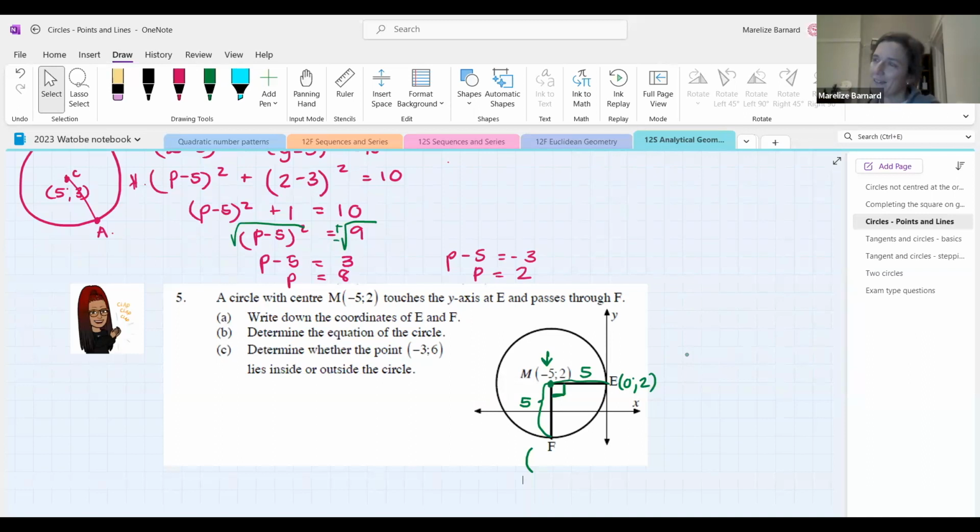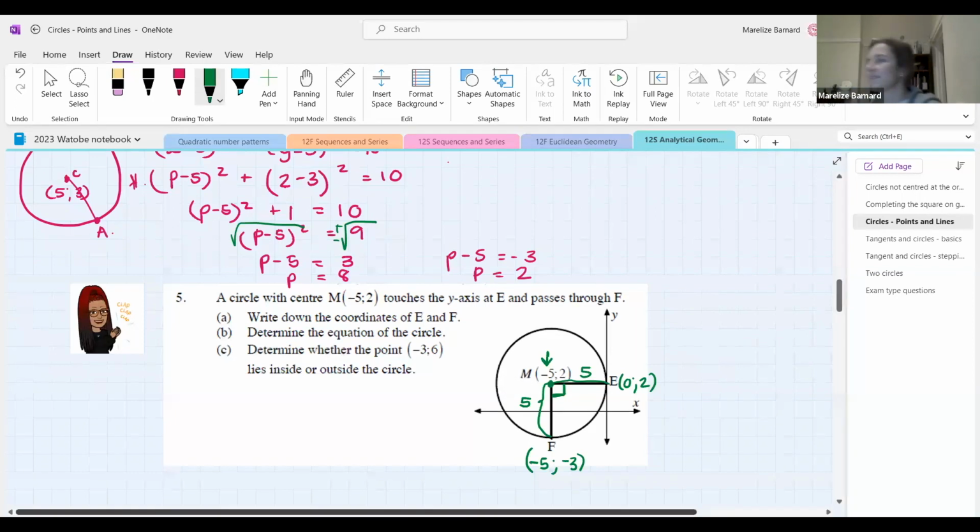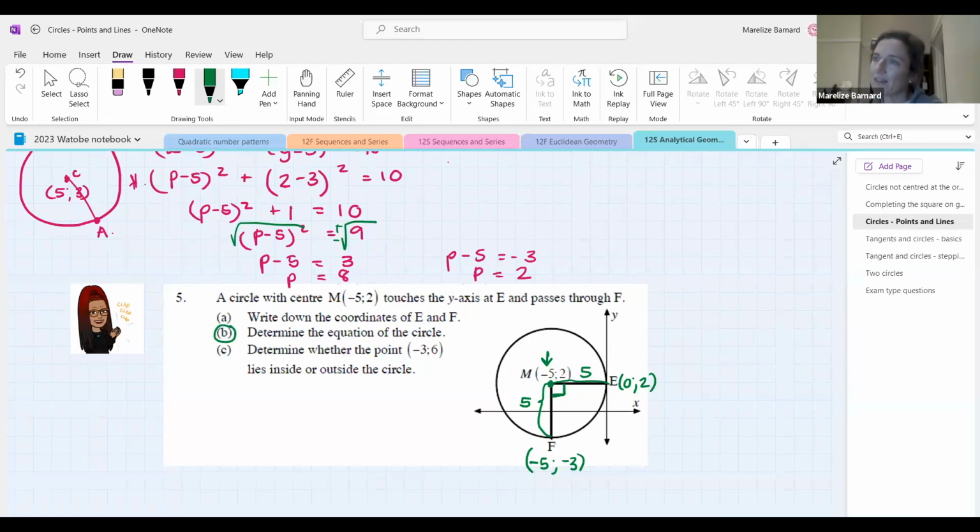So definitely the x coordinate is -5, but the y coordinate is going to be -3 because we move from 2 five units down to -3. Nice little thinking question. Okay, let's do B, the equation of the circle.